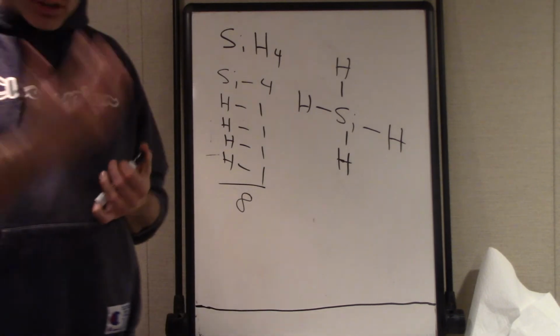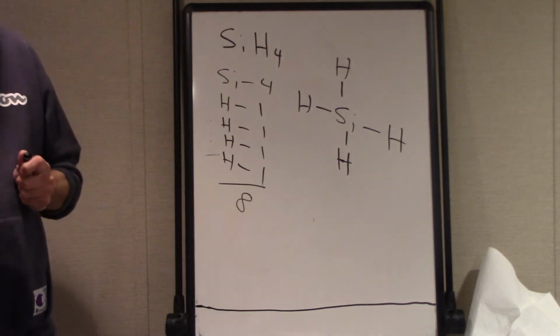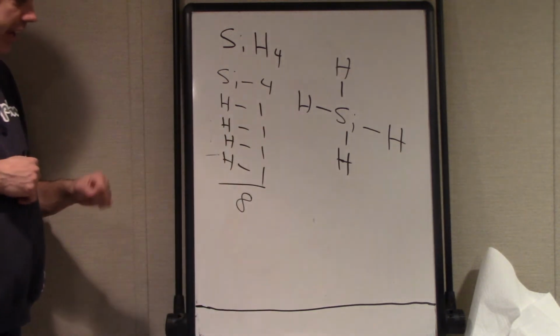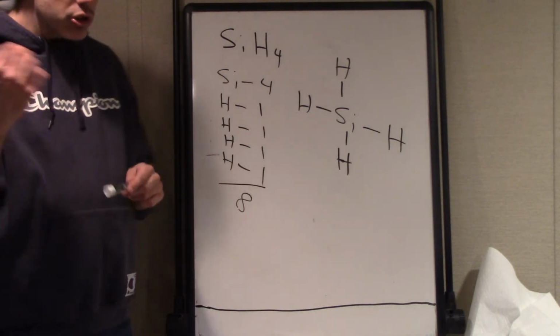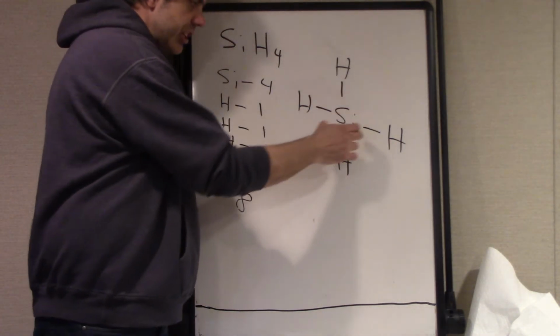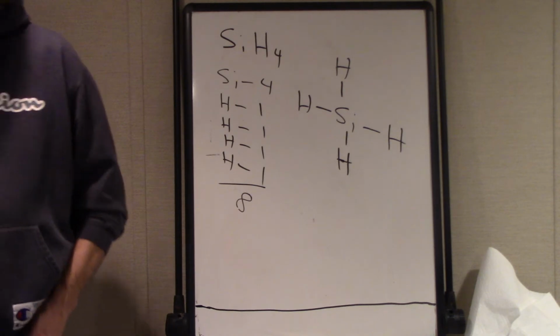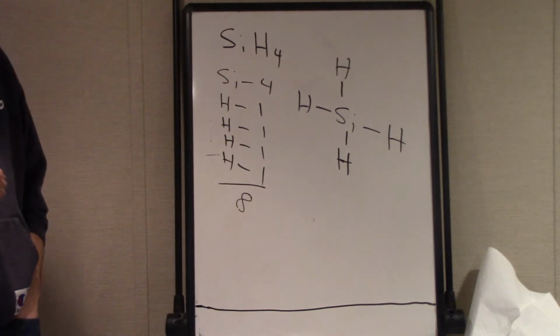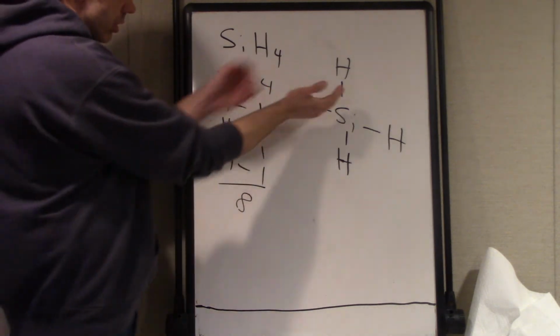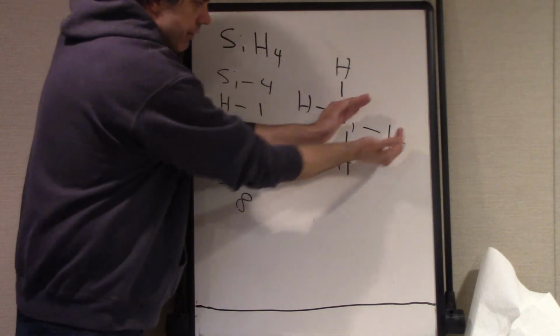So now I'm just going to go on to the next step, because I'm not putting octets in for the outer atoms because they're hydrogen, they can't handle it. I'm looking for my total number of electrons. Do I have 8? 2, 4, 6, 8. I have the 8. I still need to check for the octet rule. We know hydrogen won't follow it. Hydrogen only follows the duet rule, and each one does only have 2.